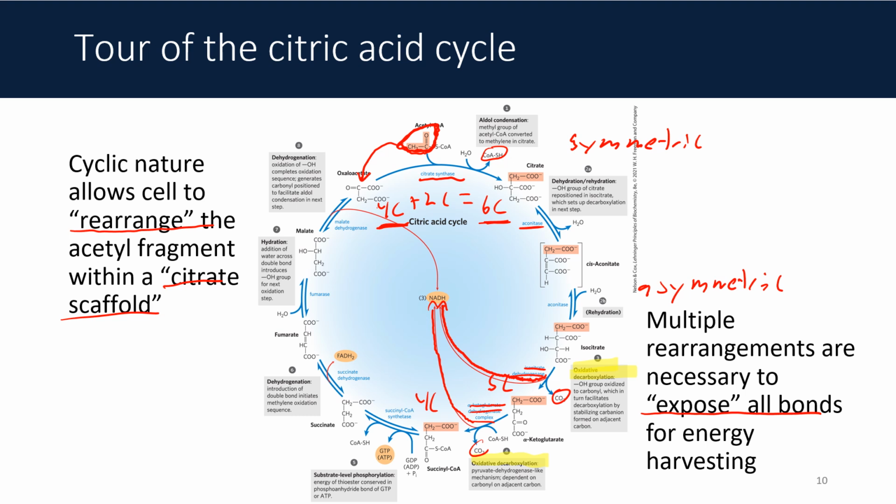Now, what the other half of the cycle is going to be devoted to is rearranging the succinyl-CoA intermediate until we get back to oxaloacetate, which can feed back in to the first and therefore also last reactions of the citric acid cycle. The enzyme that acts upon succinyl-CoA is succinyl-CoA synthetase. And this enzyme is very nifty because it actually is going to do one instance of substrate level phosphorylation.